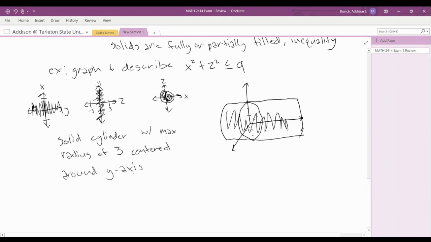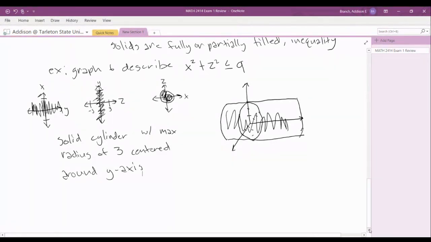So that kind of gives us a description, it shows us the shape, tells us how big it is, and it gives us a location. And when you say centered around y-axis, that implies that it's also traveling along the y-axis because it's a cylinder.